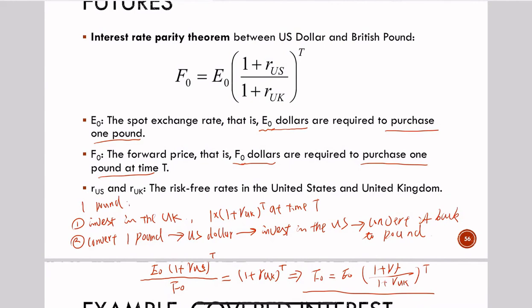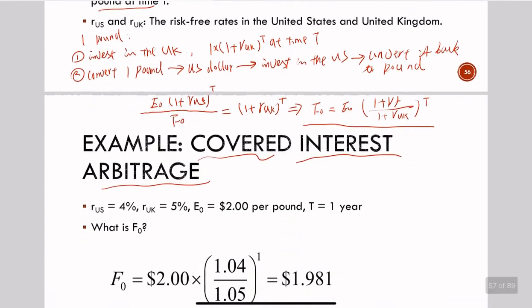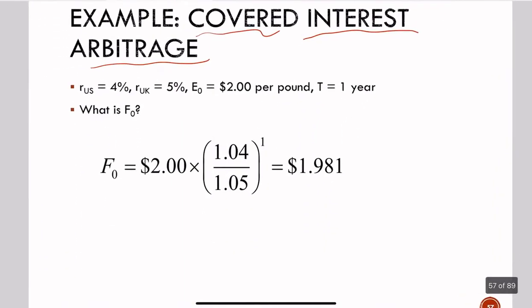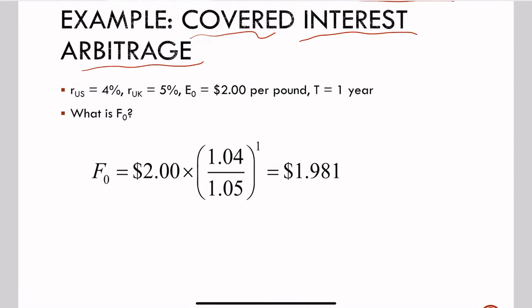I know this looks, again, somewhat ambiguous. So let's look at this example. And it's actually a very simple example. So let's say in the US, the interest rate is 4%. In the UK, it's 5%.